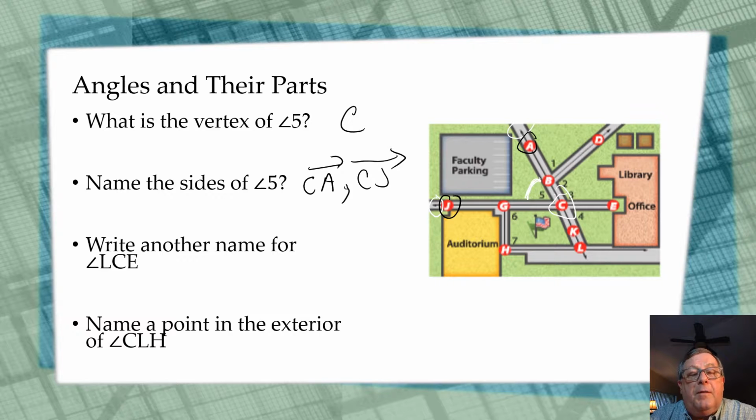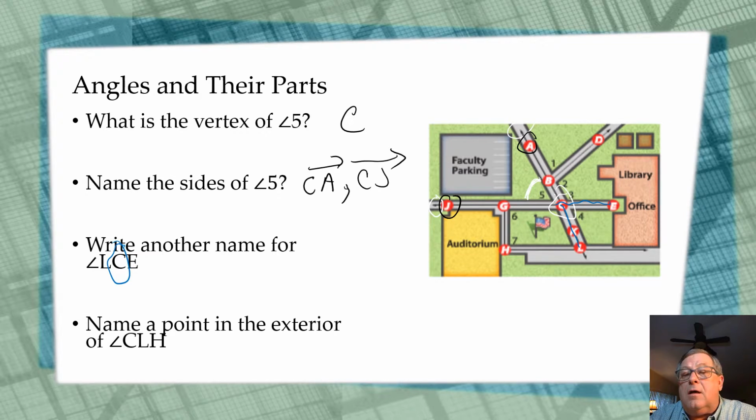All right, let's go to the next one. Write another name for angle LCE. Well, first I want to identify LCE. Here's L. There's C. There's E. C is my vertex, and you'll notice right here in LCE, the vertex is in the middle of this naming convention.